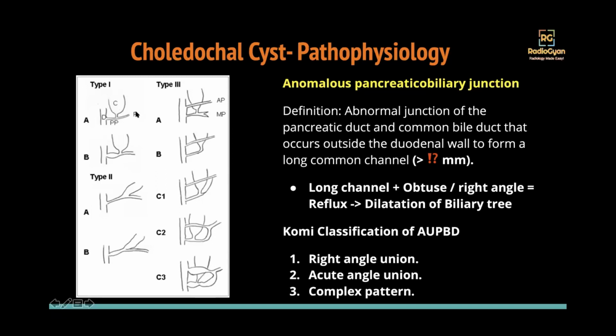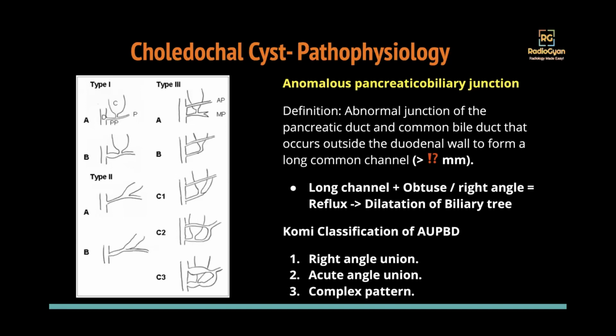This is the pancreatic duct, this is the common bile duct, this is the common channel, and they are opening at right angles. Acute angle is type 2. And when there are multiple anomalies, including multiple channels or, say, pancreas divisum, that is known as type 3. Our case was a pancreas divisum, but it didn't have a long pancreaticobiliary junction.